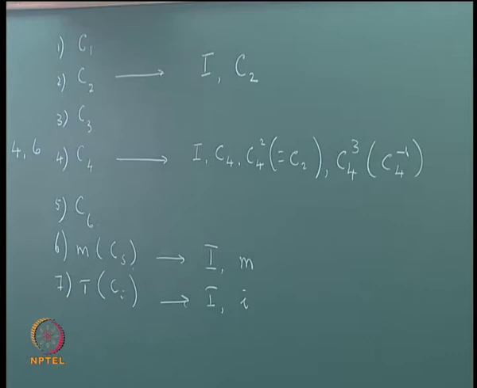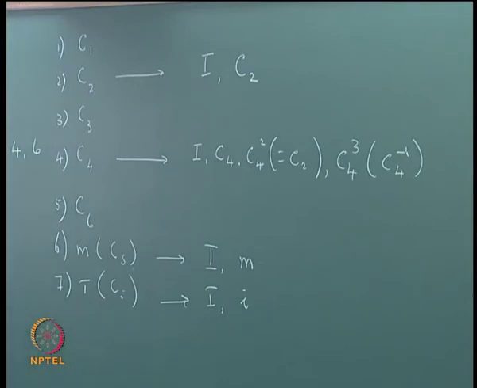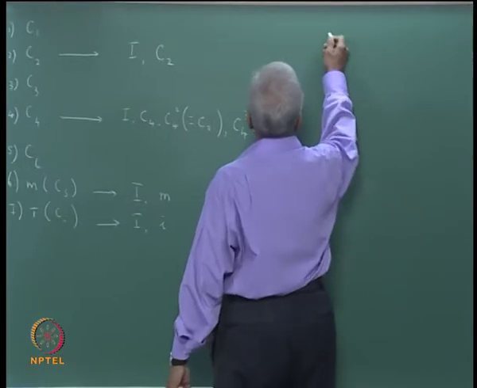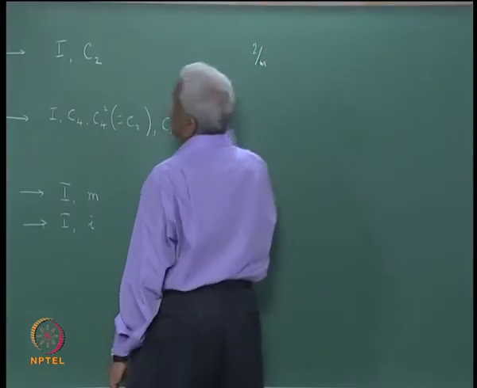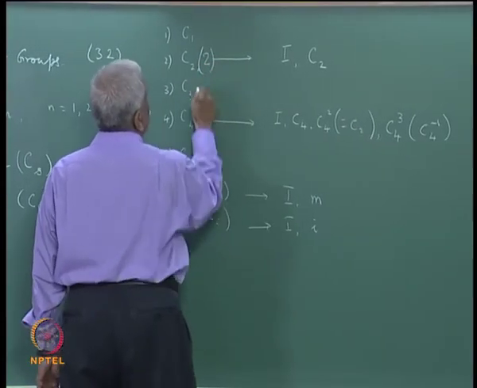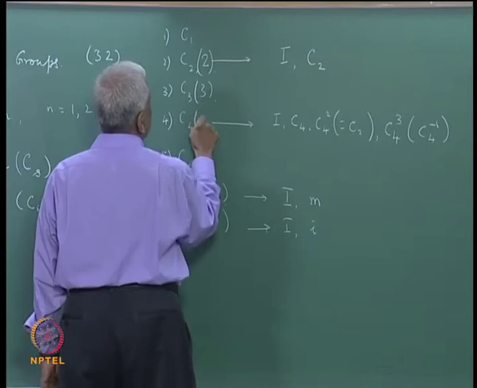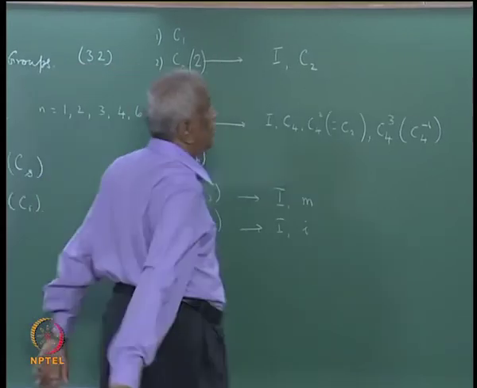We then went on to add these mirrors to the various axes to get new point groups, and so we got the point groups 2 by m, 3, 4, 6. These are alternative notations.